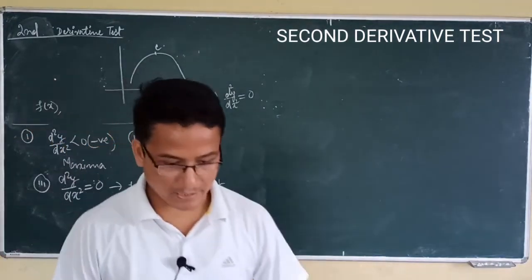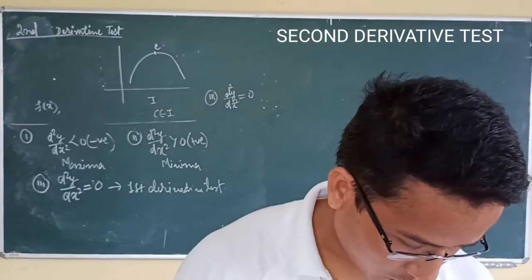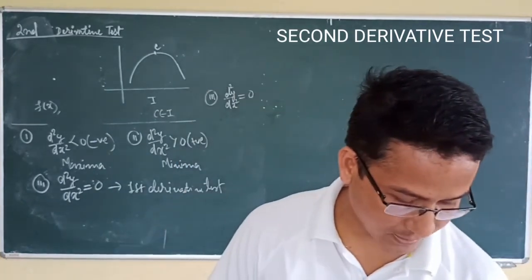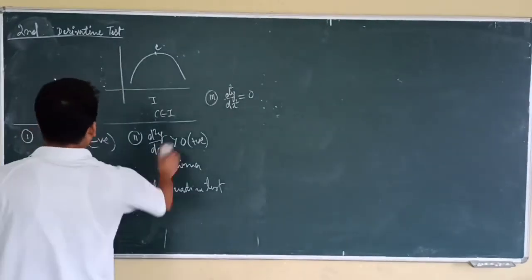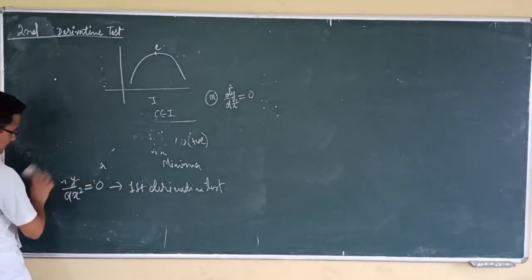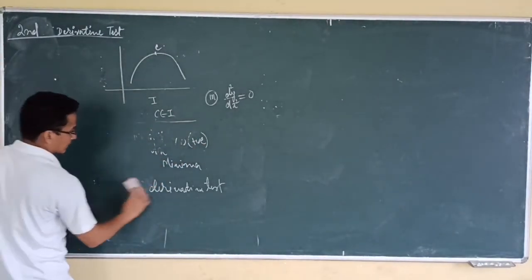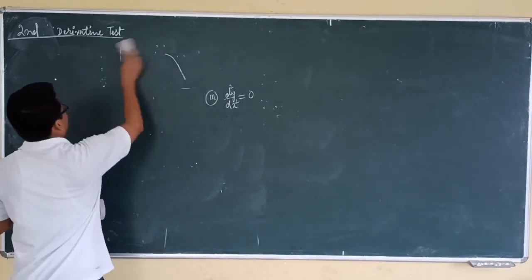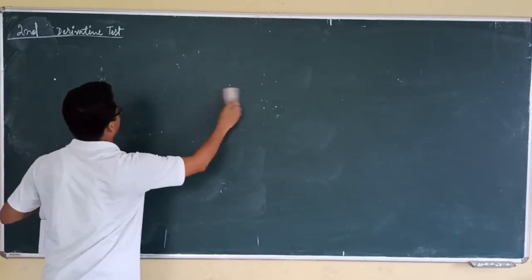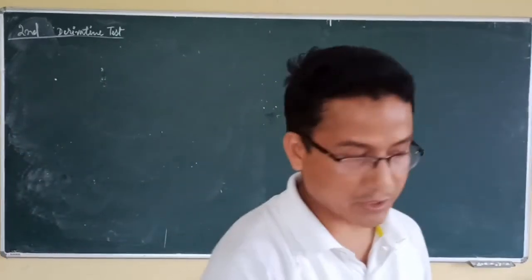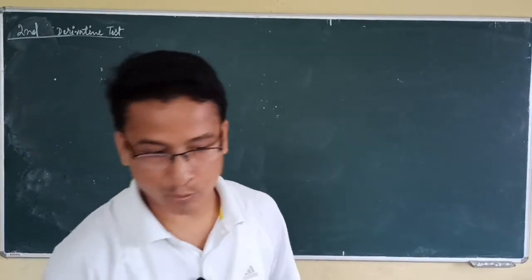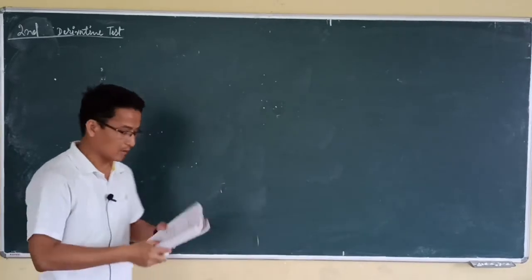We will solve one more question related to this second derivative test. The second derivative test is easy for finding maxima and minima, so most questions we solve by the second derivative test, if the question does not mention which derivative test to use.